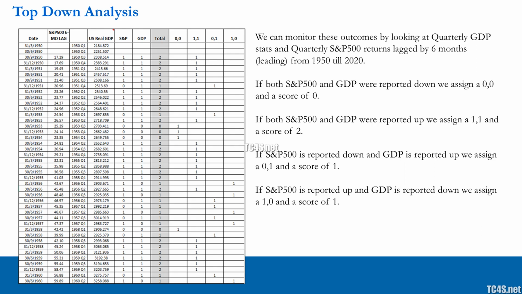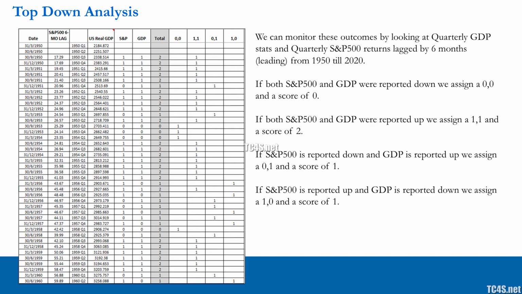We can see the S&P 500 level is 43.67, and the GDP reported number for Q1 1956 is 2.9 trillion dollars. So $2.903 trillion. And if we compare that to the row above, Q4 1955, the S&P 500 level in Q4 1955, lagged by 6 months, is 41.03.